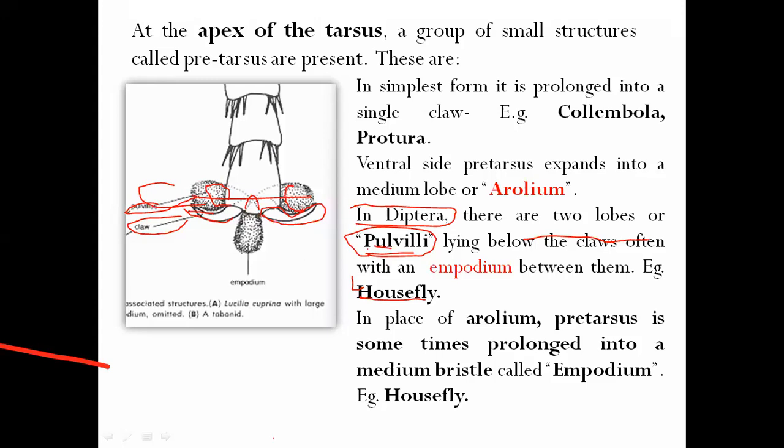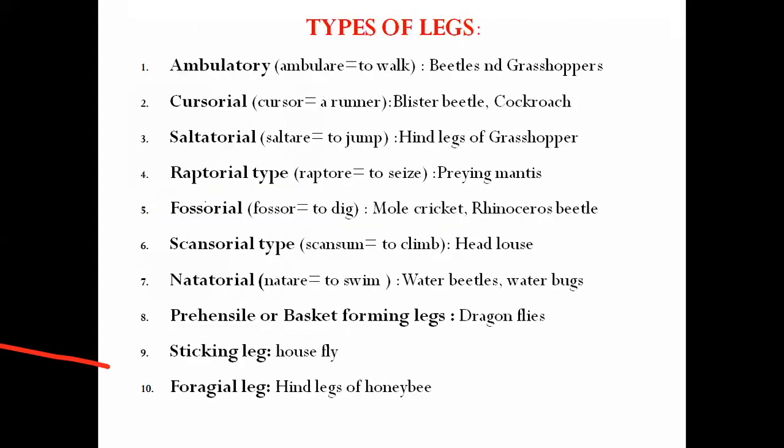Why? To climb, to move on glossy and steep surfaces, isn't it? So you are clear, all students, this is the overall pretarsal region of the insect legs. Now let's see different types of legs.